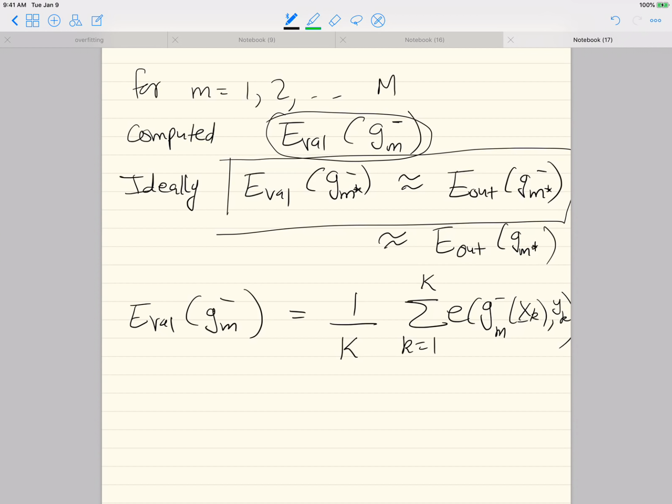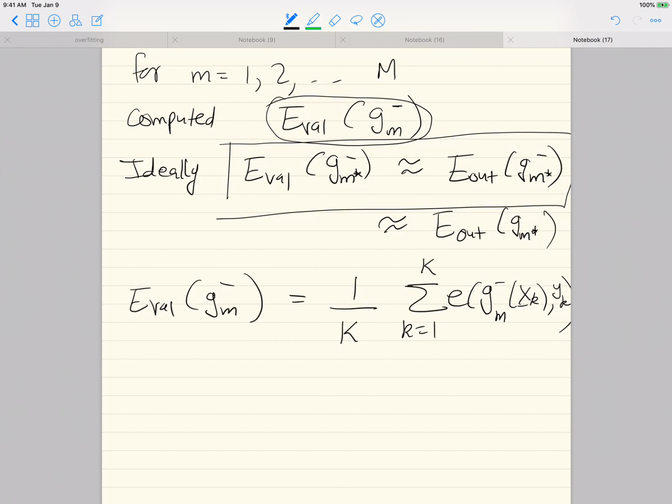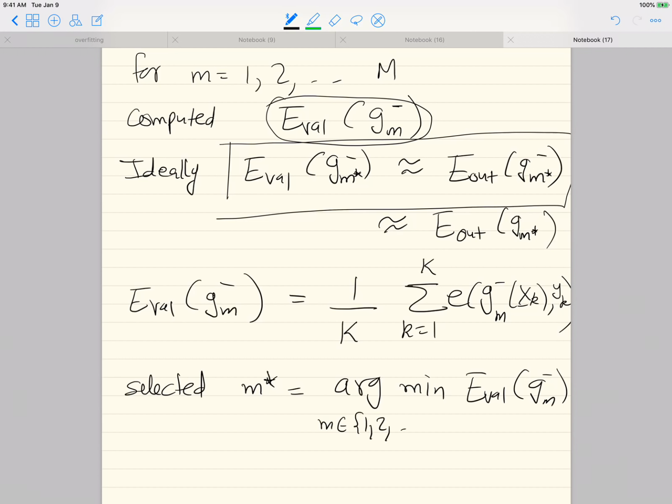So this was computed in our validation, computing the validation error. Then we selected m star to be the argmin of Eval of gm minus over m in the set 1, 2 up to M. Right?